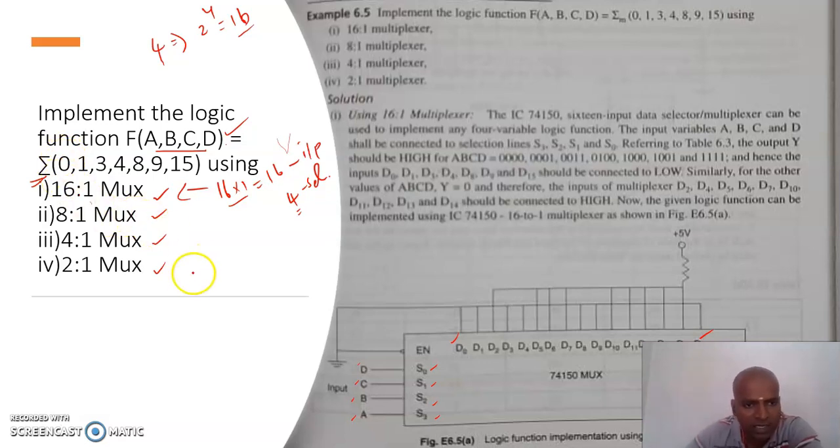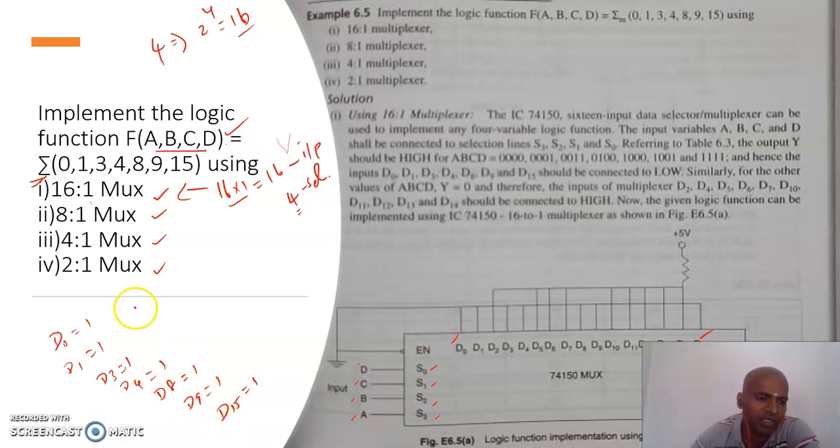D1 is equal to 1, D3 is equal to 1, D4 is equal to 1, D8 is equal to 1, D9 is equal to 1 and D15 is equal to 1, because these are all the given values. That's why I have directly taken 0, 1, 3, 4, 8, 9, 15 as the inputs for this design.